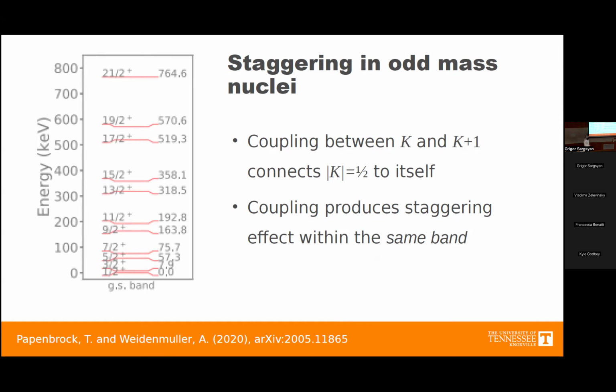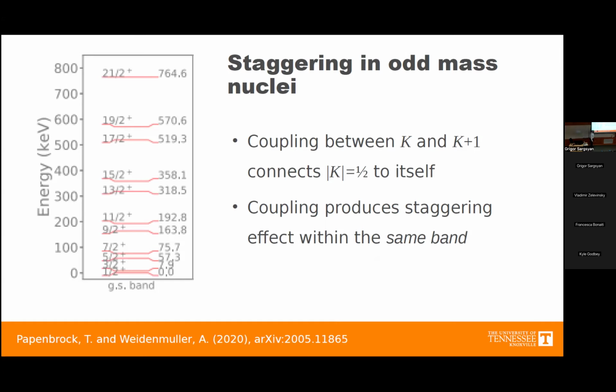And if you consider these types of couplings that can occur due to that Coriolis operator between k and k plus 1, because we have this degeneracy between angular momentum plus 1/2 and minus 1/2. Plus 1/2 and minus 1/2 do in fact differ by 1 unit. So this coupling can connect that rotational state to itself. And this manifests itself as a staggering within the rotational band.